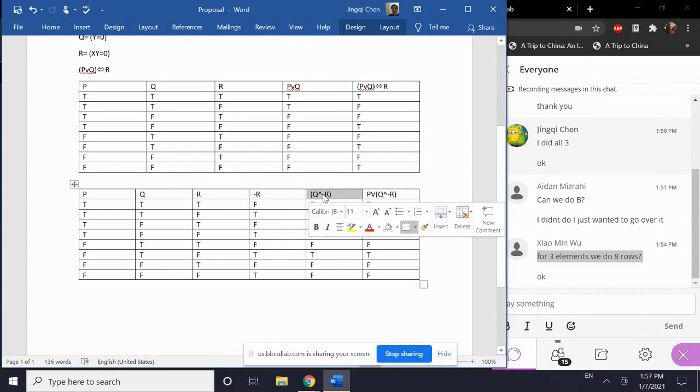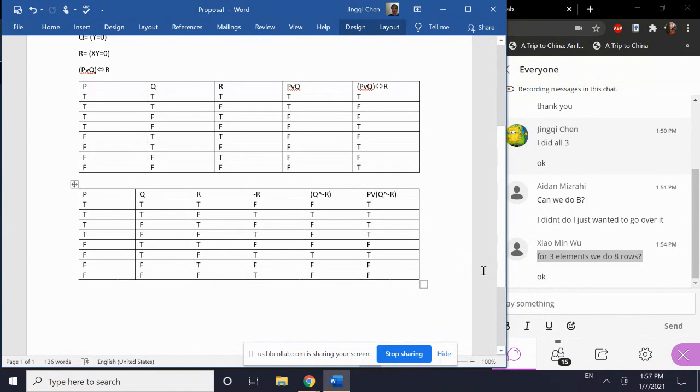And then you would just use P and this one to find the finished statement. So true and false would be true. True and true would be true. False and false would be false. And then false and true would be true.